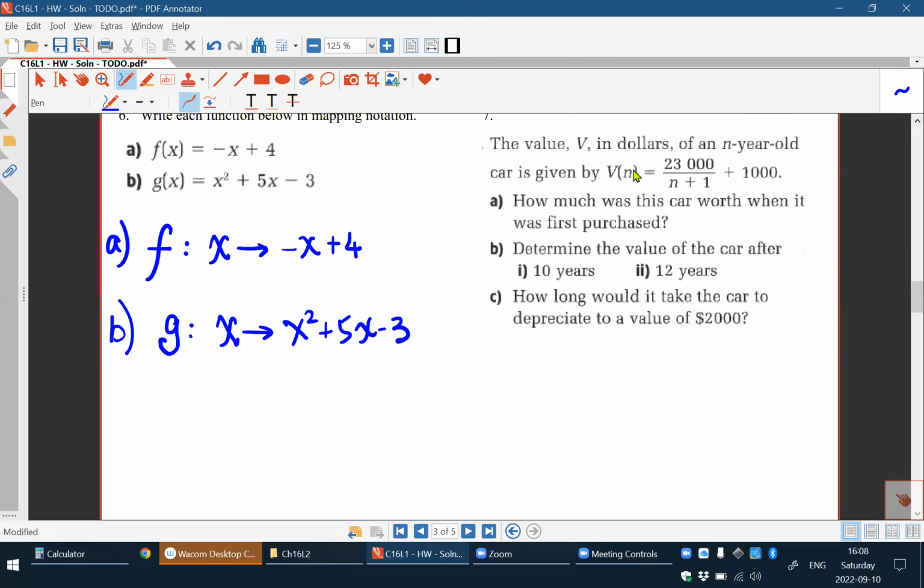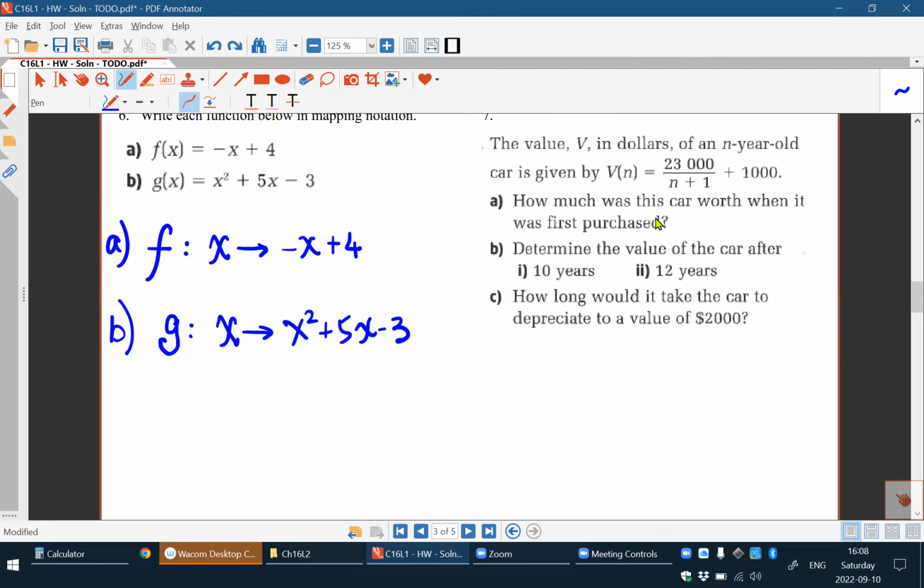The value V in dollars of an n-year-old car is given by this formula. How much was this car worth when it was first purchased? So this is a word problem. Note here, n stands for the age of the car, right?